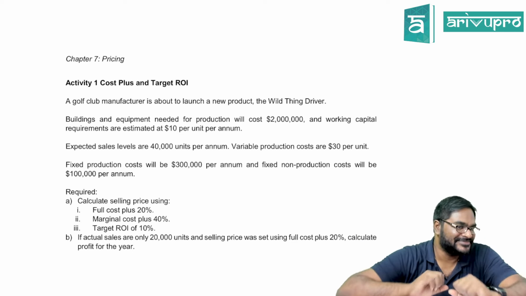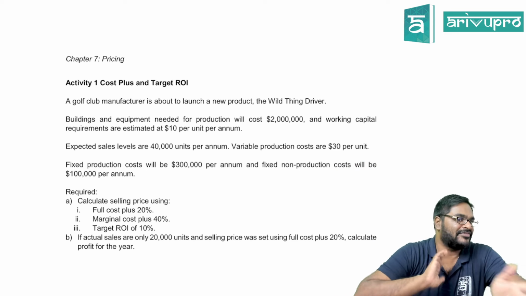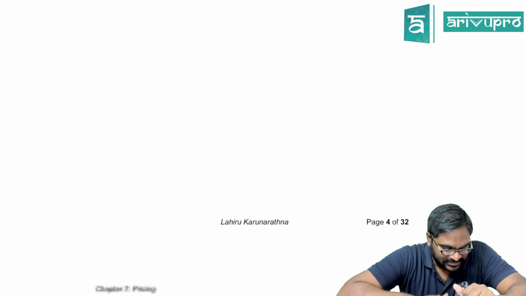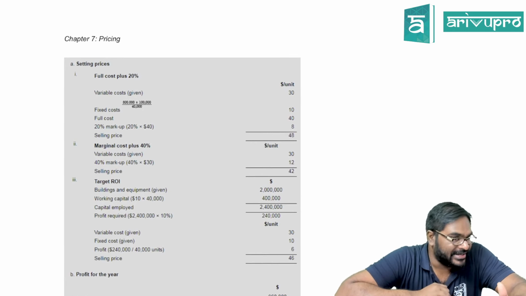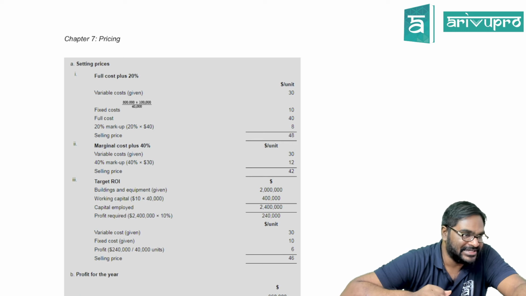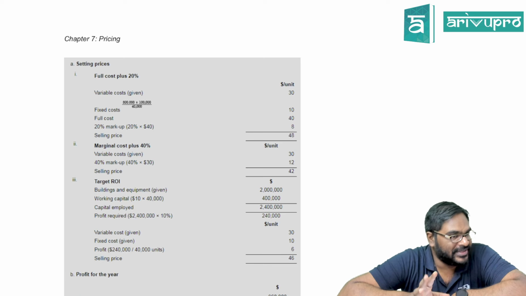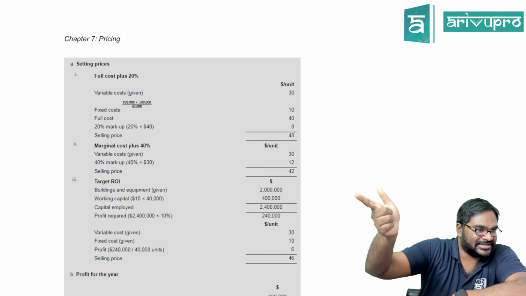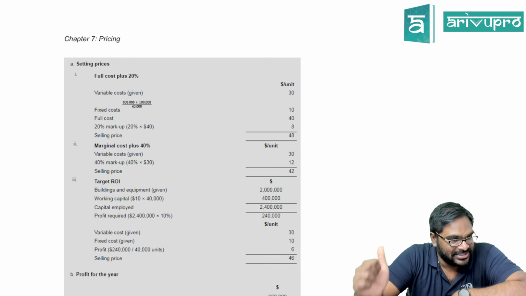Shall we start? Right. So full cost plus 20% means first of all we have to figure out how much is the full cost. So variable cost is given, right? 30 per unit. Then for full cost, the fixed cost we have two kinds: production and non-production. The production fixed cost was 300,000.